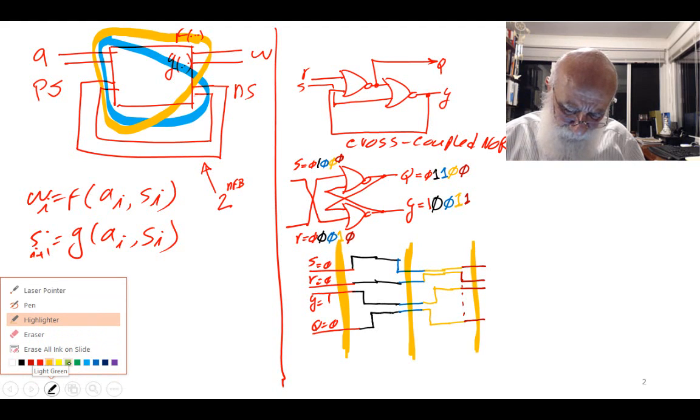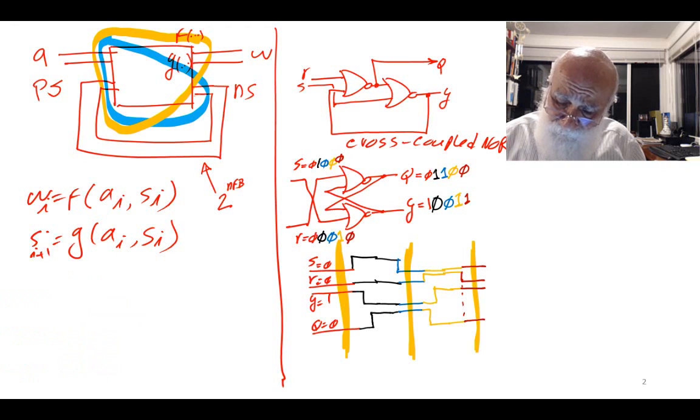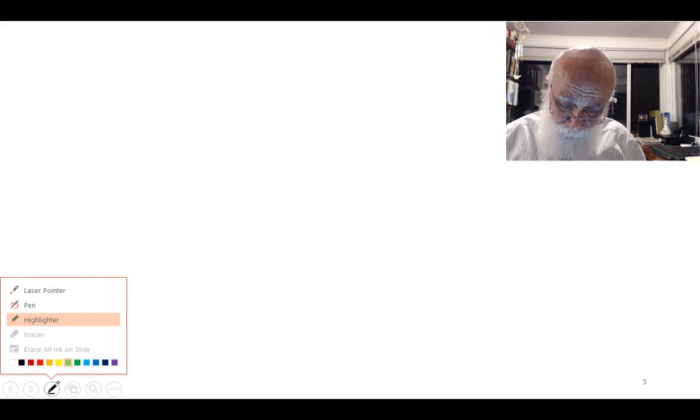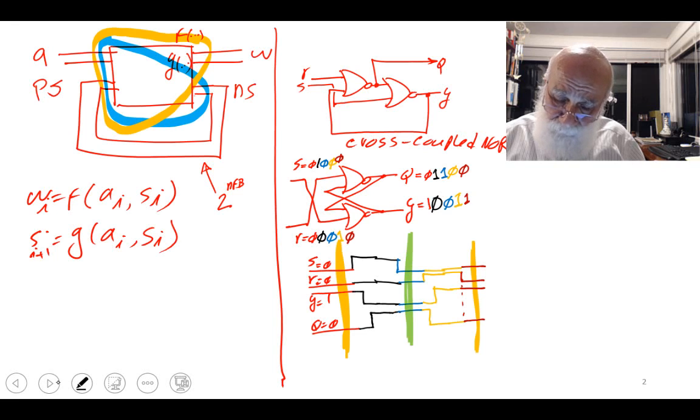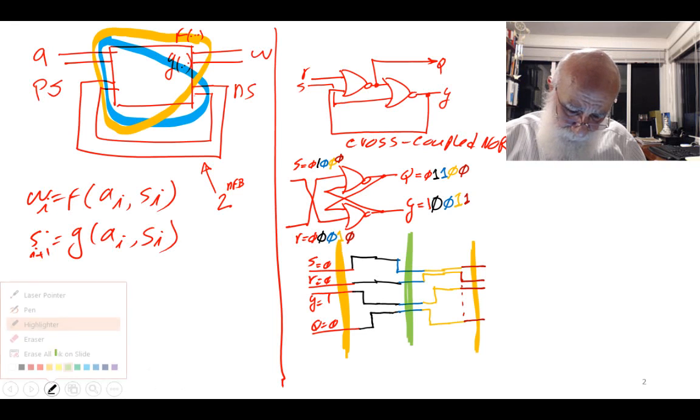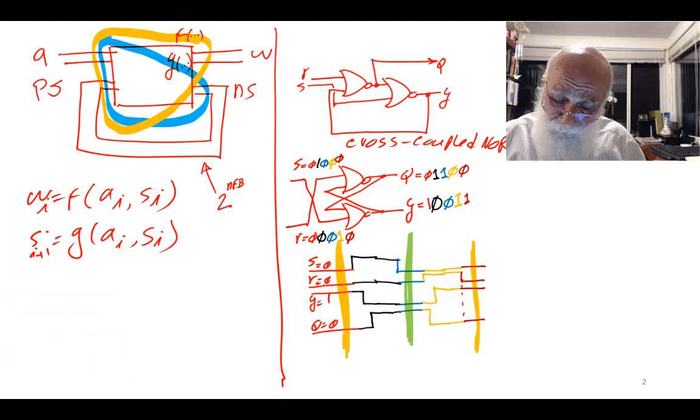Let me change some colors here. Here, in the first orange, S is 0, R is 0.